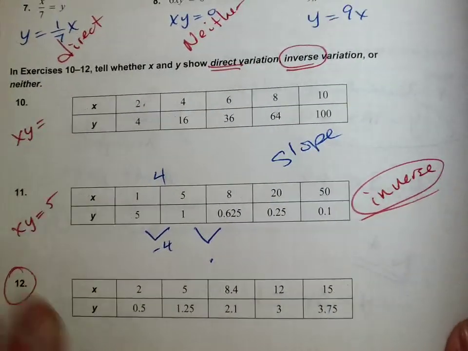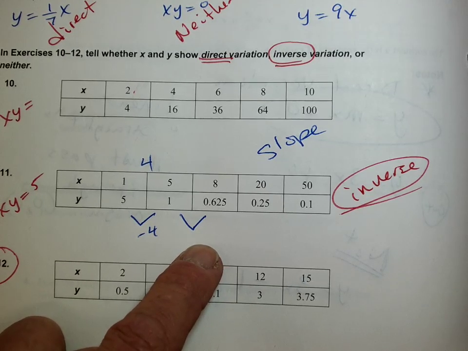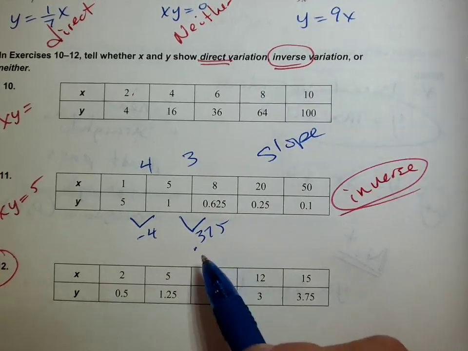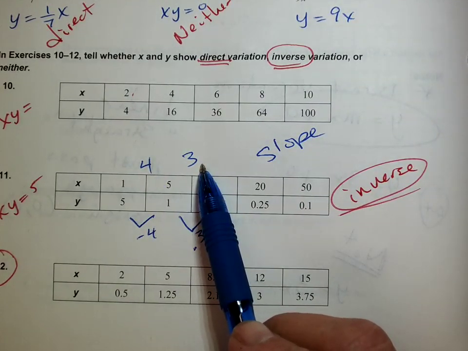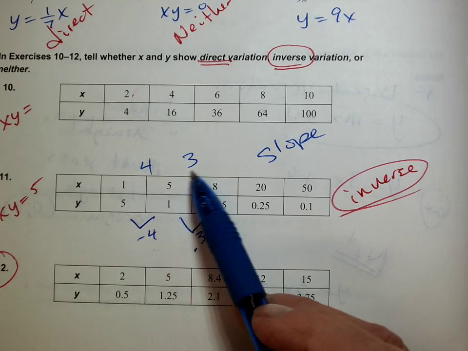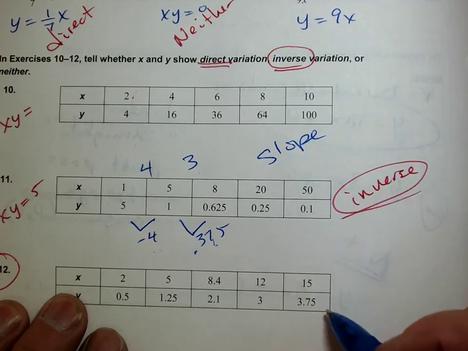It's my bad. What's 1 minus 0.625? 0.375. So as x goes up, does y go up by the same amount? No, so this one's got to be neither.